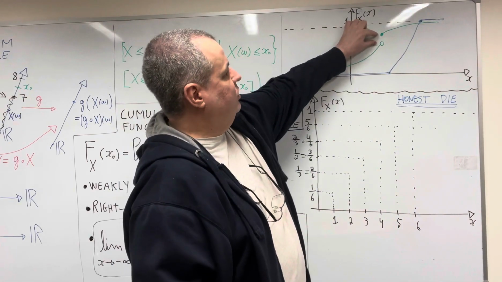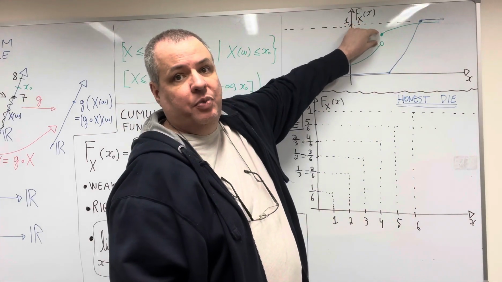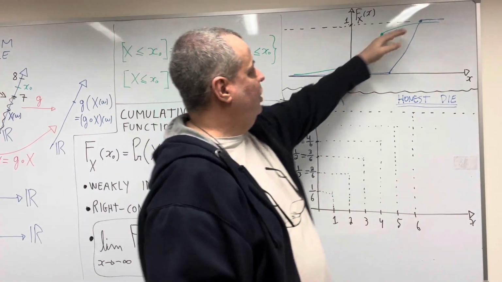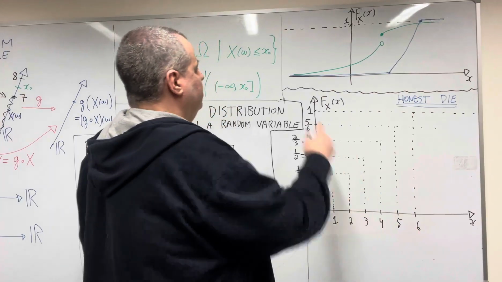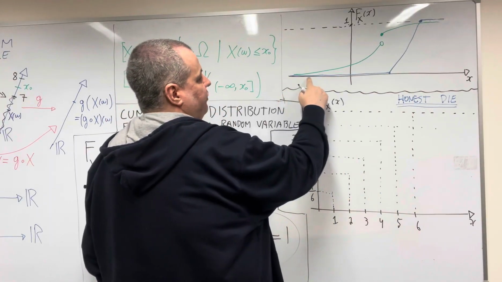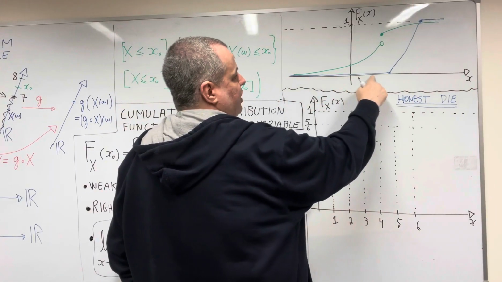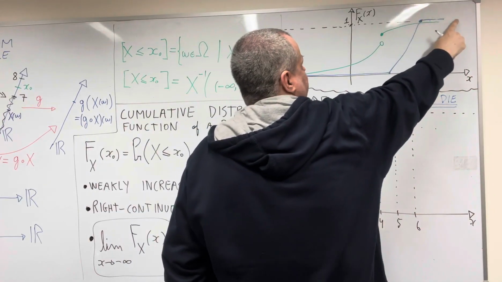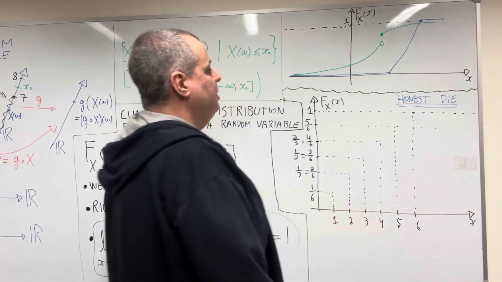So there's a discontinuity at this point, a jump discontinuity, and it asymptotically goes to 1. Or, for another random variable, it could have 0 values up to some point, then go up, and after some point it equals 1.